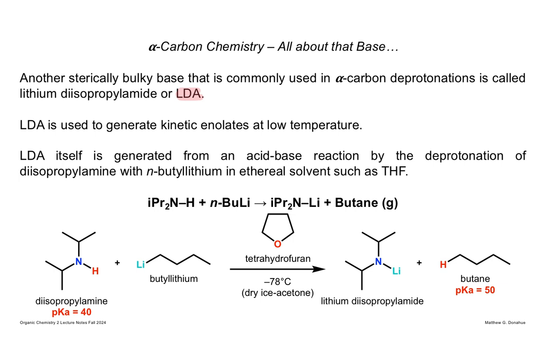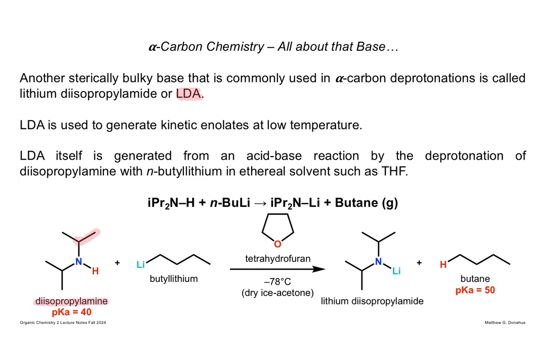And something to keep in the back of your mind, acid base is all about proton transfer. But then as we learned in Organic 1, when things are negatively charged, they can also be nucleophiles. So the way that this base became the most popular is you're starting with diisopropyl amine.